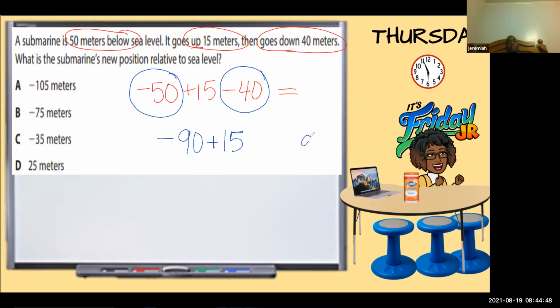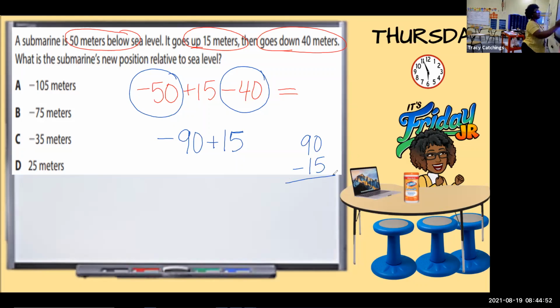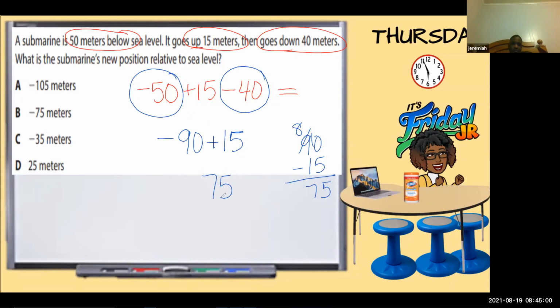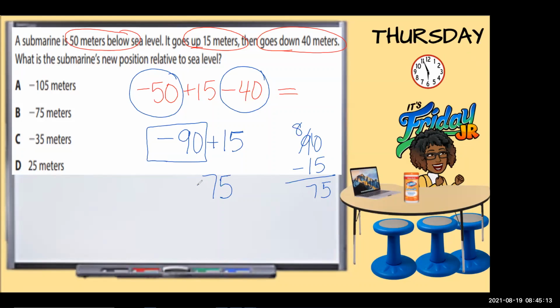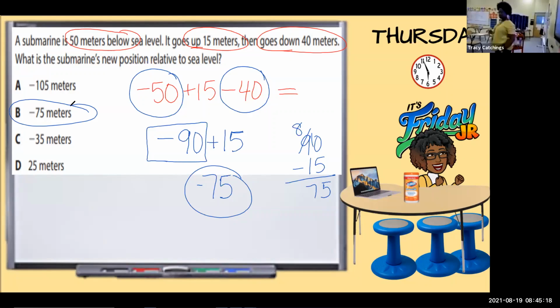So when we have different signs, we're going to subtract like we normally would, large number on top, and we'll end up with 75. Then we go back and ask ourselves, which of those was the largest number, which is clearly 90. And since 90 had a negative sign in front, that means 75 is also what? Negative. Good job.